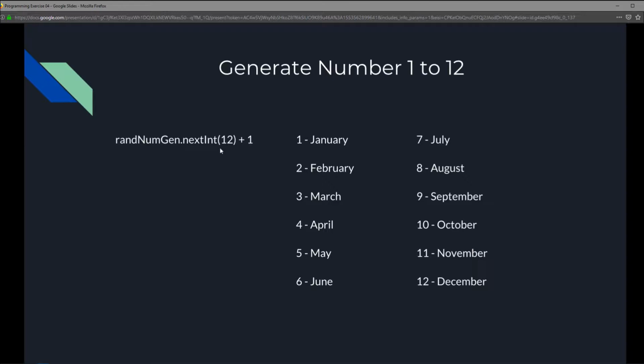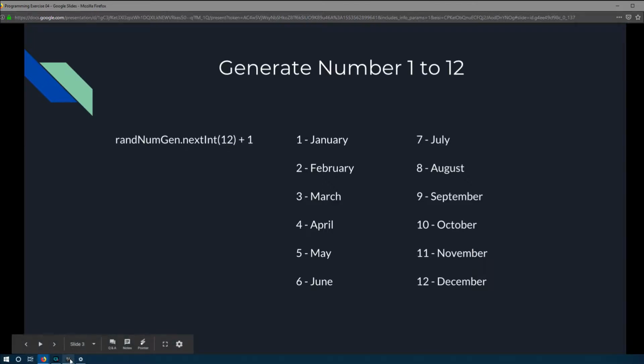In this case, it will be 12. Now, the issue with this is that if I enter 12, there is a possibility that it will generate any number between 0 and 11. But I don't want it to generate a 0. I want it to generate any number between 1 and 12. So if I put 13, it'll generate a number between 1 and 12, but also the number 0.